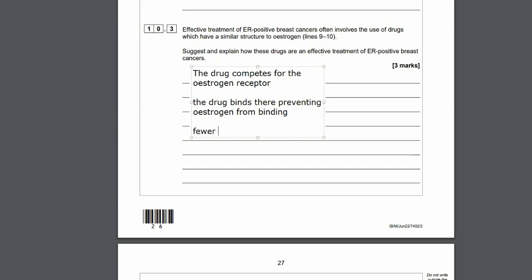So the drug is binding where the estrogen would normally and prevents the estrogen binding. This means we get fewer transcription factors, basically like estrogen, that can bind to the promoter region. And that means we're going to get less transcription.